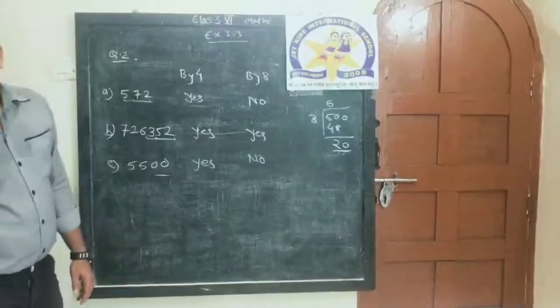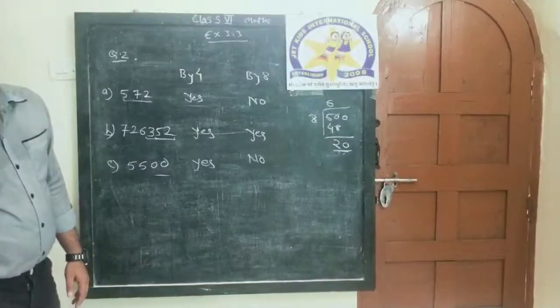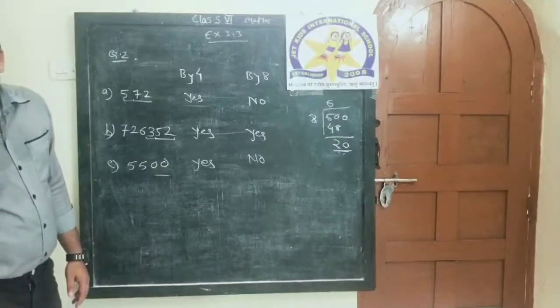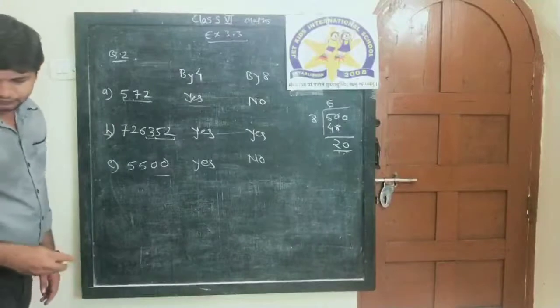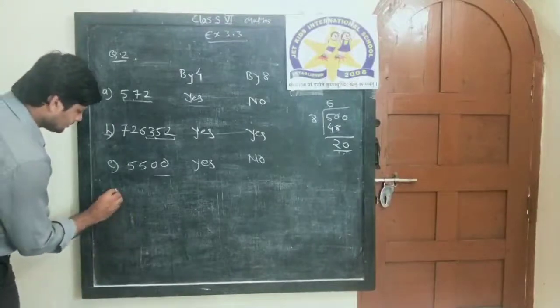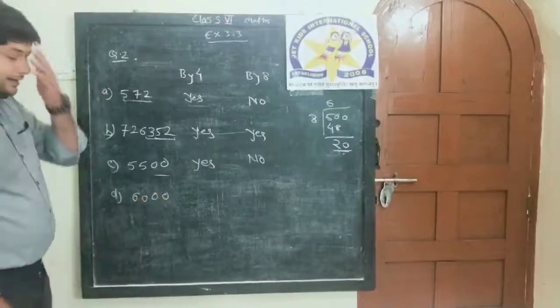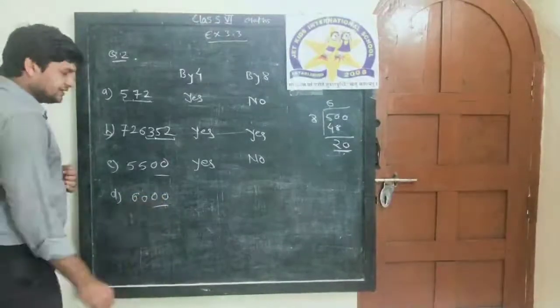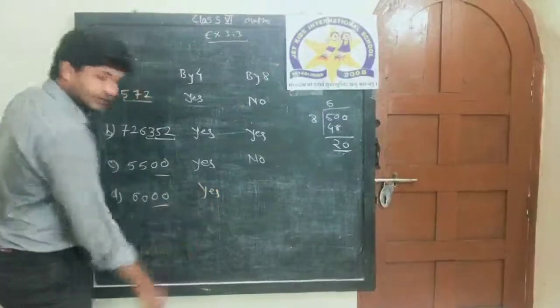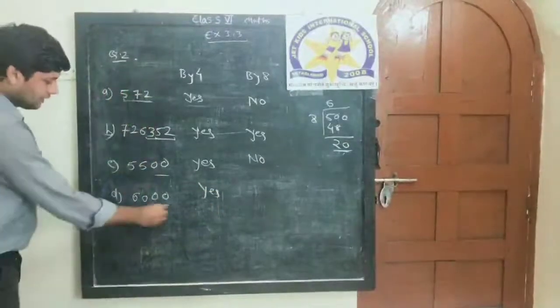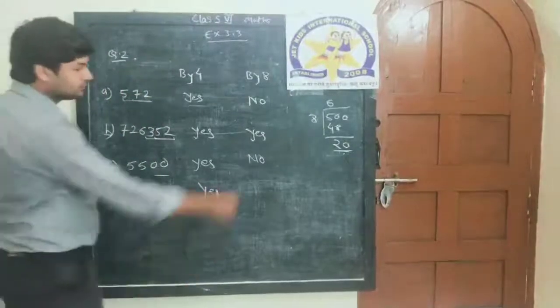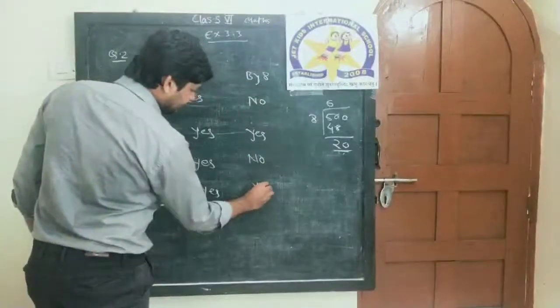Next thing, D is 6000. The last 2 digits are 0, so I am directly writing: yes, it is divisible by 4. The last 3 digits are also 0, so yes, it is also divisible by 8.